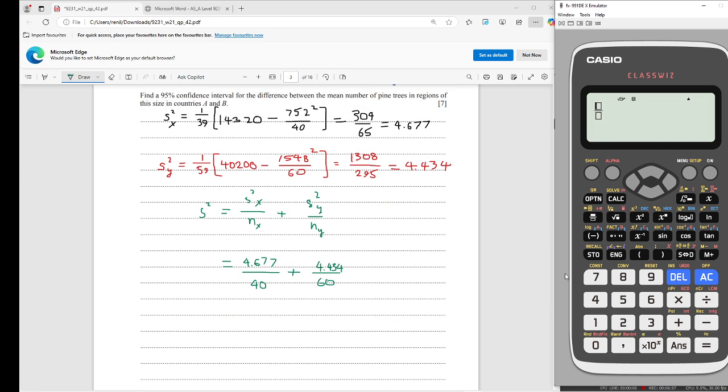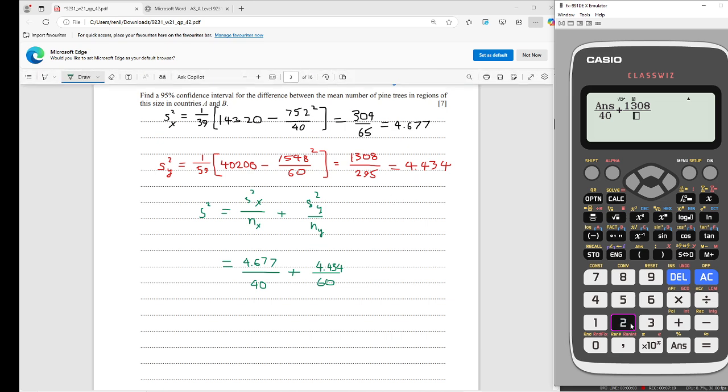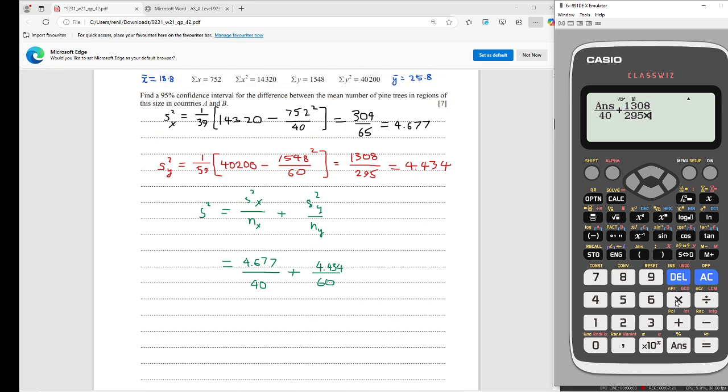So I'm going to do 304 by 65 divided by 40, plus 1308 all divided by 295 and by 60, the denominator.